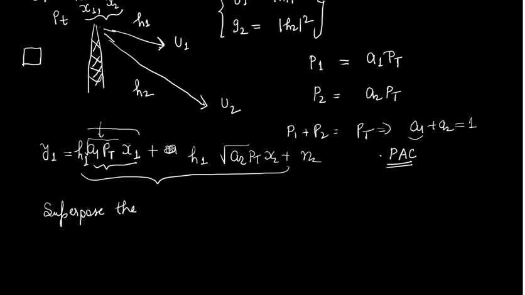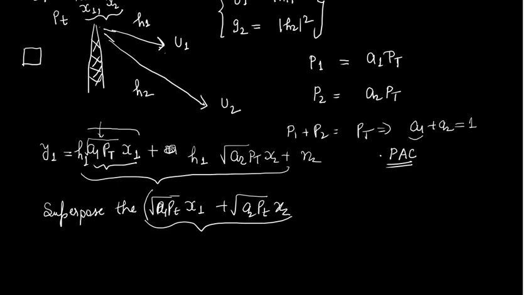So X1 is the signal which we want to transmit to U1, multiplied with the square root of the power allocated, plus root of A2 PT X2. So this is the superposed signal which this base station will transmit.